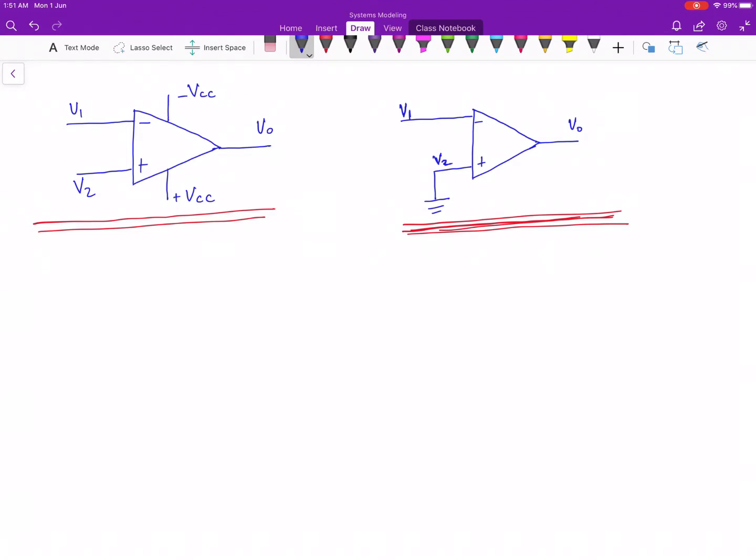And note as well that V0, this output voltage, will never exceed plus VCC and will never be below minus VCC.